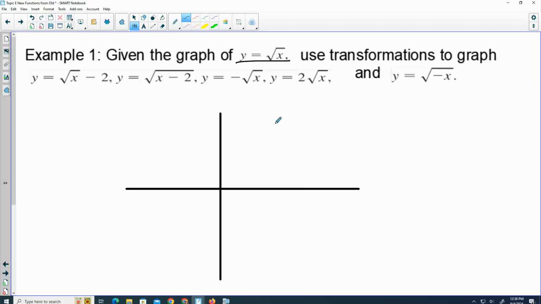Can you do negatives? No. So the square root of 0 is 0, the square root of 1 is 1. What else can we do? 4. The square root of 4 is 2. If you wanted, you could do the square root of 9 is 3, and so forth. And we always made our parent function dashed.